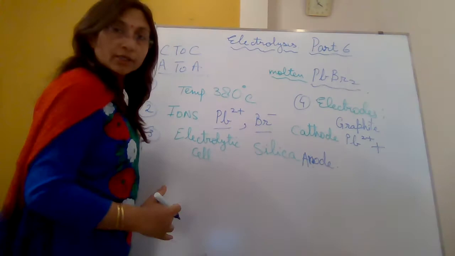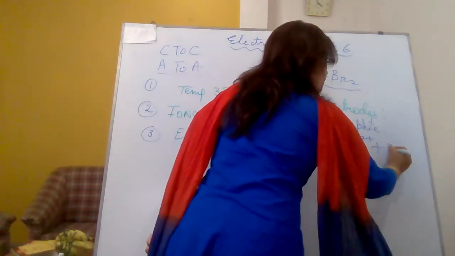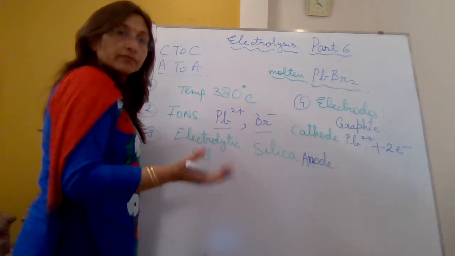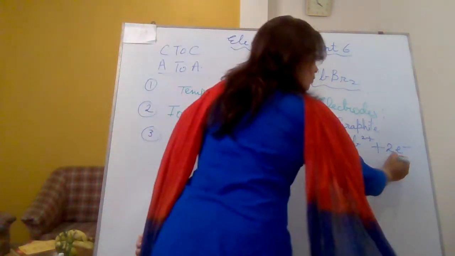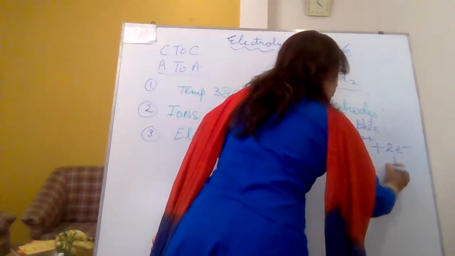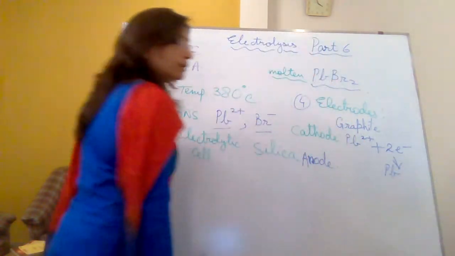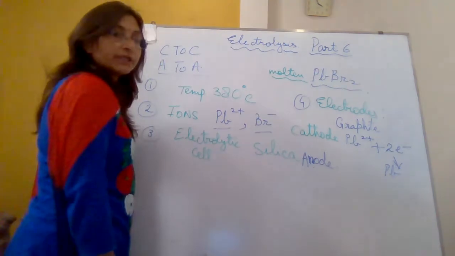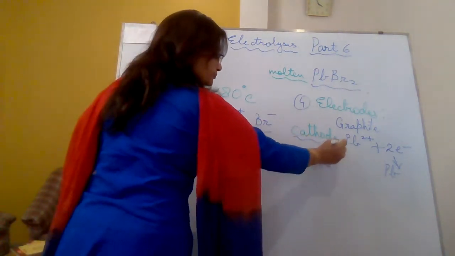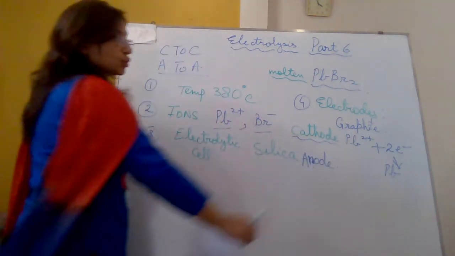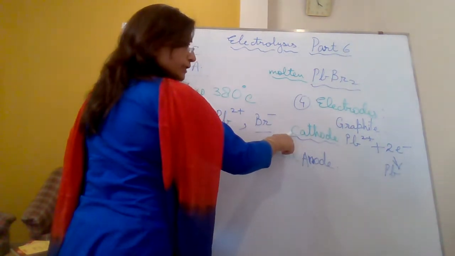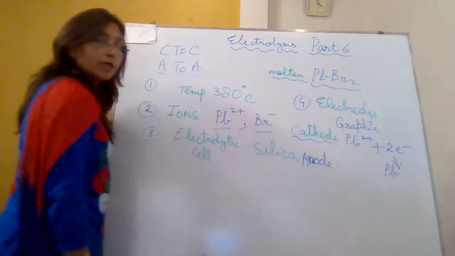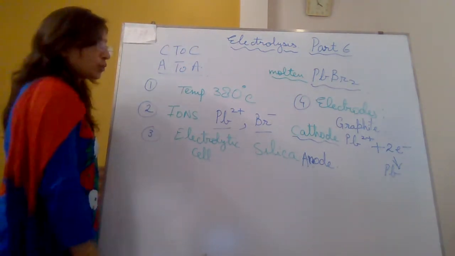By the gain of 2 electrons. So plus 2 electrons. And when it gains the electrons, what will it produce? It will produce lead. And this lead will be deposited at the cathode, right? So cations migrate to the cathode, discharge, and after discharging they get deposited at the cathode.